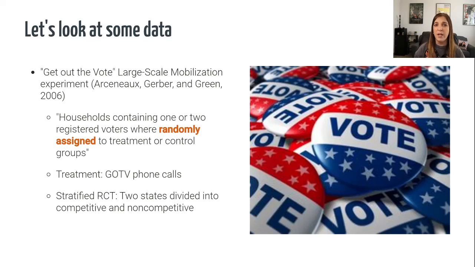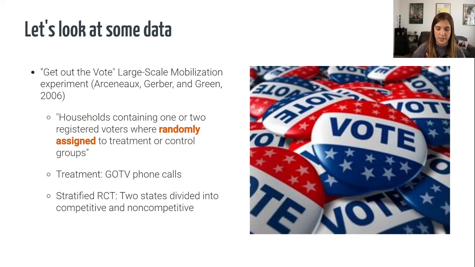If a district is competitive, usually it drives up voting, while if a district is not that competitive, you might think that the effect of get out the vote might be smaller. Or maybe the other way around. But clearly, if there's a heterogeneous effect, you might want to have those key covariates, such as state and the competitiveness of the district, balanced.